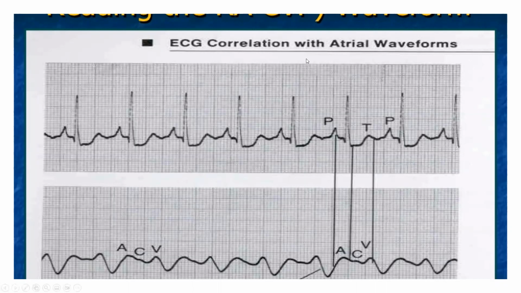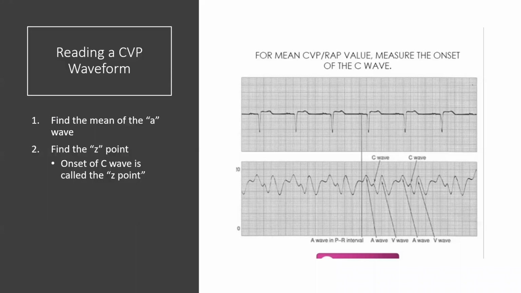You would outline where the PR interval is, and that would correspond to your A wave, the QRS complex, the C wave, and so on, the T wave, the V wave. All right. So that's how you would do atrial monitoring or CVP monitoring.